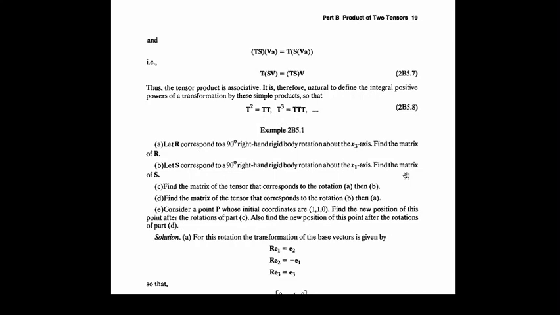Now how will we write the right handed rotation about x3 axis? Now we have three axes, x1, x2 and x3 axis. For right handed, x1 axis is along the right and x2 is directed in upward direction, and for left hand it is directed downward direction.